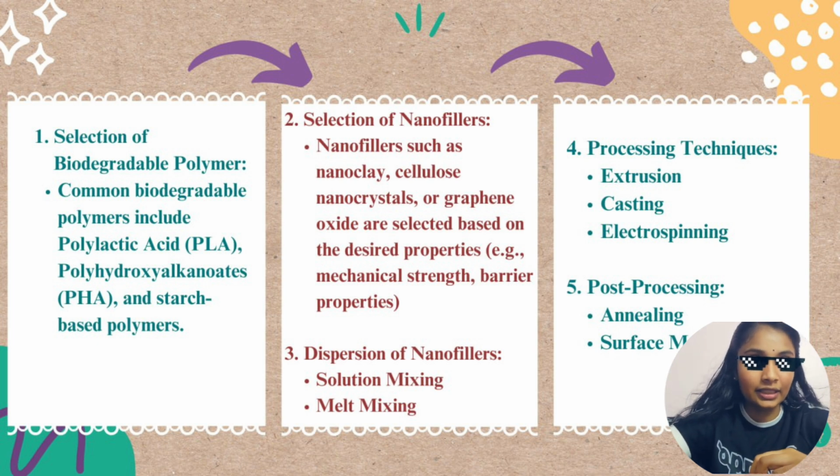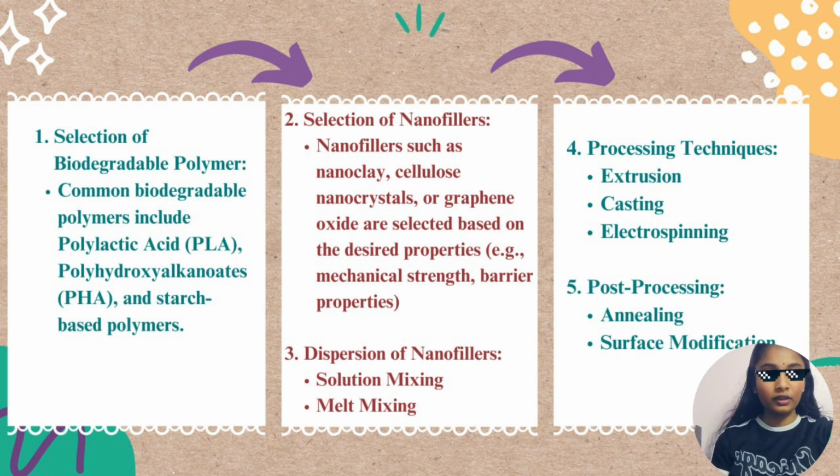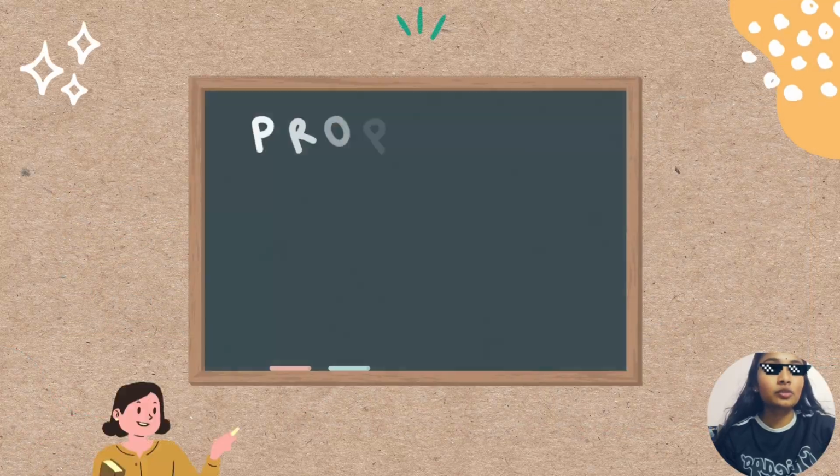As the second method, selection of nanofillers, such as nanoclay, cellulose nanocrystals, or graphene oxide, which are selected based on the desired properties, for example mechanical strength, barrier properties, and much more. Thirdly, the dispersion of nanofillers, which includes solution mixing and melt mixing. Fourth method, processing techniques, that include extrusion that I mentioned before, and casting and electrospinning.